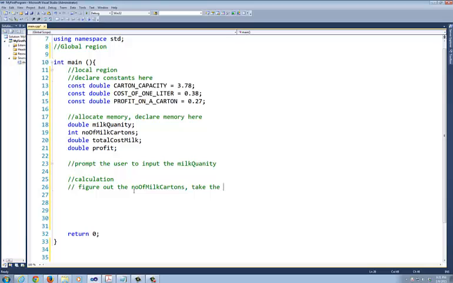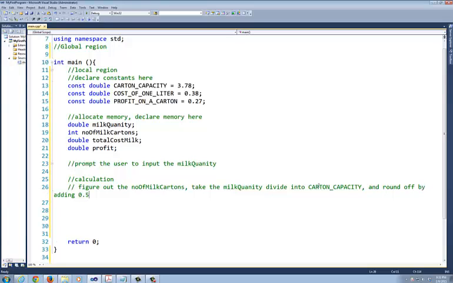milk quantity. Take this milk quantity, like I said, 50 liters, for instance. You're going to divide that by what? The carton capacity, which is this right here, right? And you need to round that off by adding what?